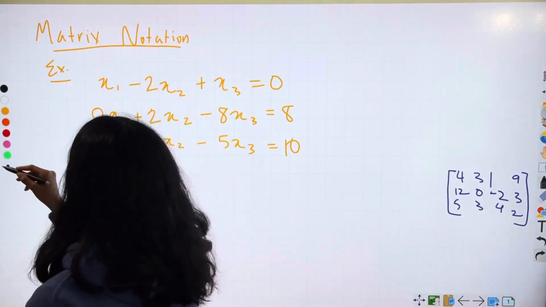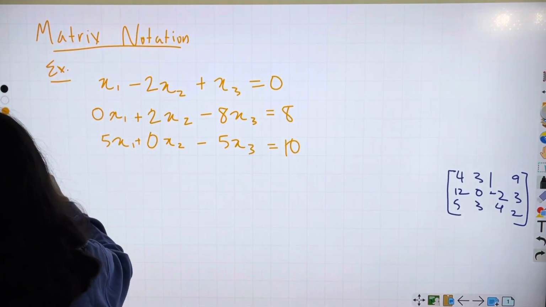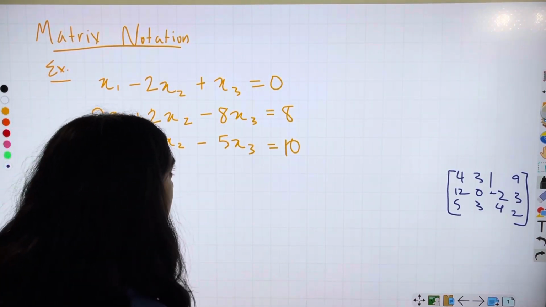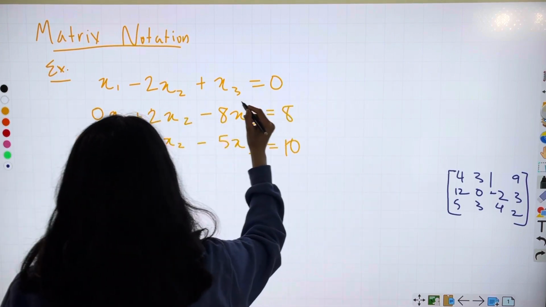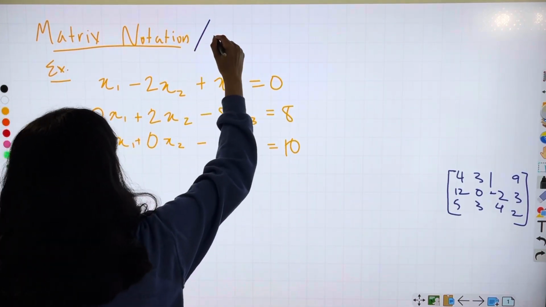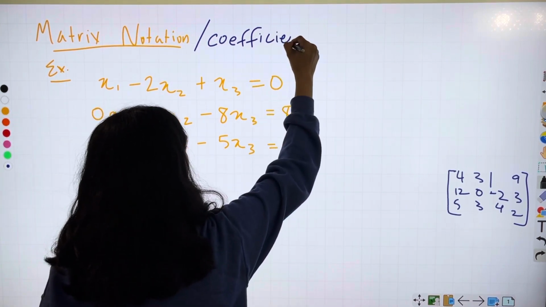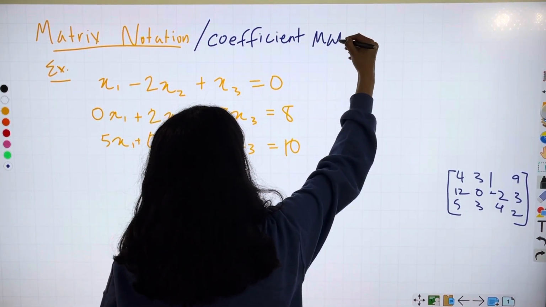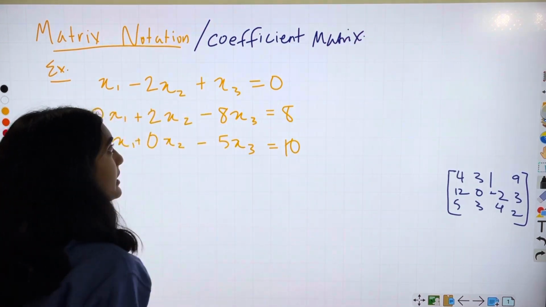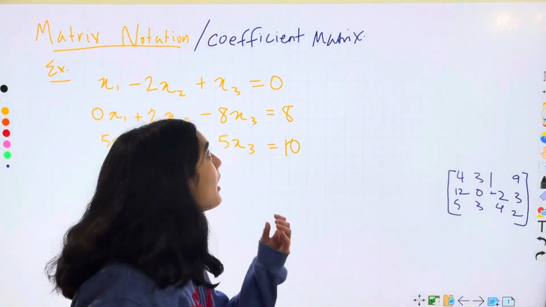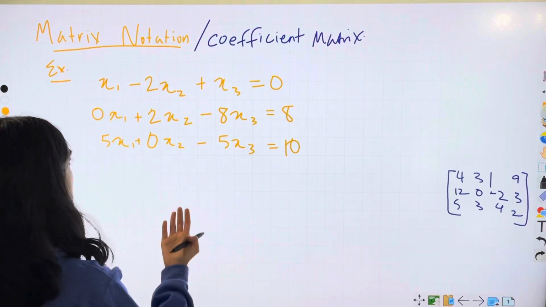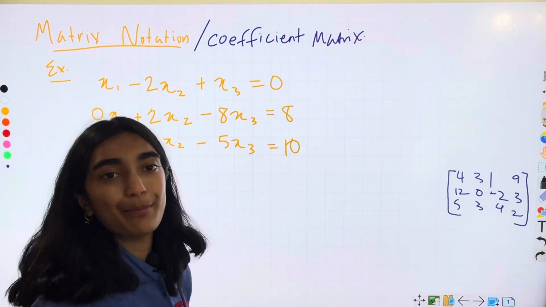That's all it is. And how do we represent this system using a matrix? We can take what's called a coefficient matrix. What we do here is take the coefficients and put them into a matrix.